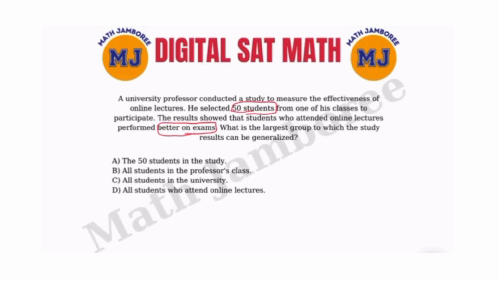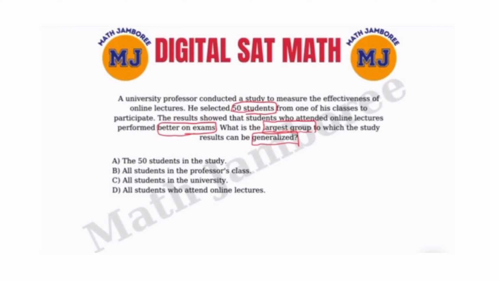So now we understand the context. What is the question? The question is the largest group to which the study results can be generalized. Now, what does generalized mean and what does largest group mean? If a question asks you for the largest group and to be generalized, that means it should be a broader choice, right?